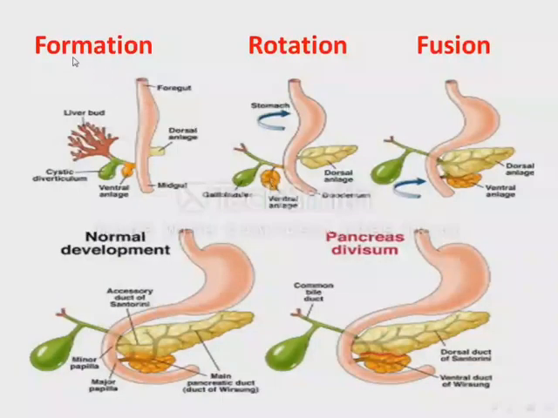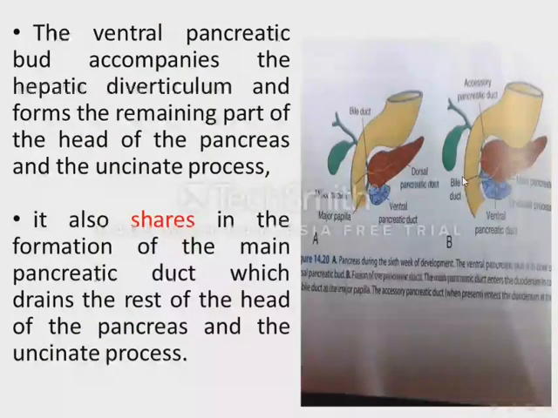So we have three steps: formation, rotation, and fusion. So formation of two buds, ventral and dorsal, and then rotation of the ventral bud to enter the dorsal part of the pancreas, and then fusion of the two buds here. The ventral pancreatic bud accompanies the hepatic diverticulum and forms the remaining part of the head of the pancreas and the uncinate process.